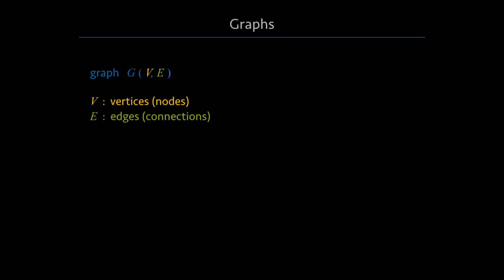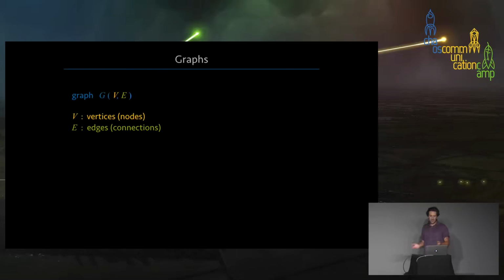In the language of computer science and mathematics, any kind of network can be represented by an object called the graph, which is completely determined by two sets. One is the set of vertices, or the things that are connected to each other, and the other set is a set of the connections, or edges.